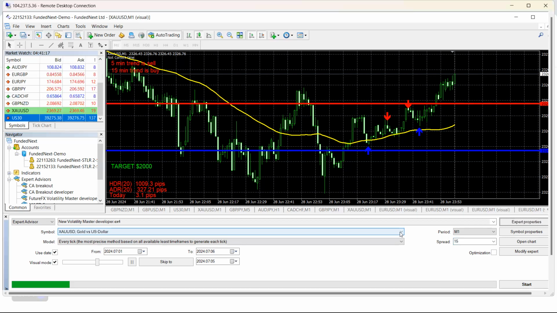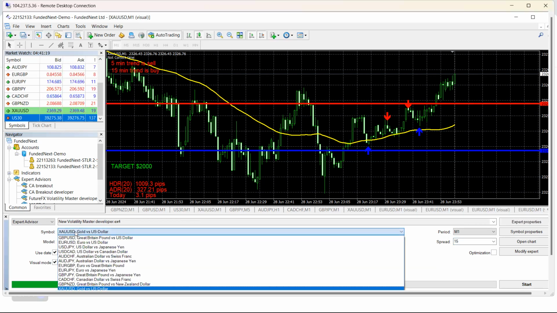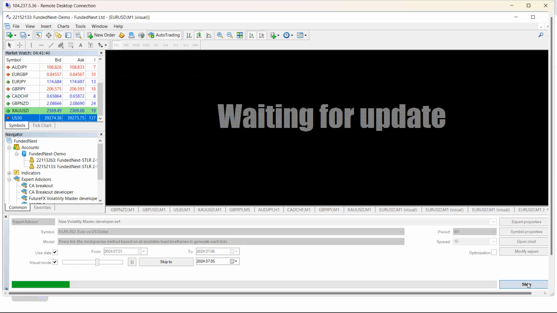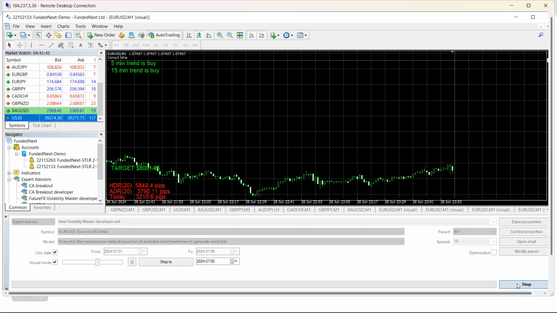But let's say, for example, I wanted to trade Euro USD. Obviously, we have a look at gold. The average daily range is 327 pips. If I just quickly start it up on Euro USD.